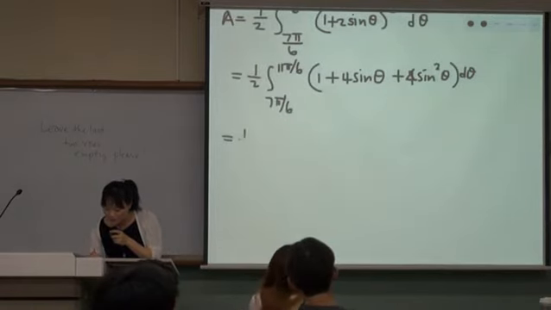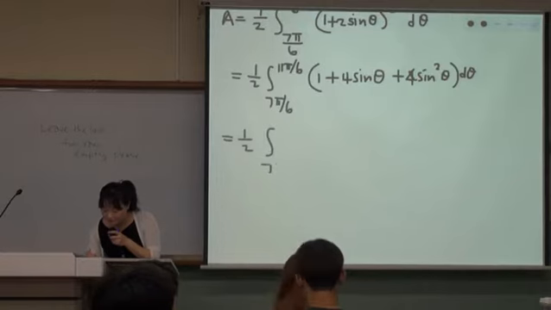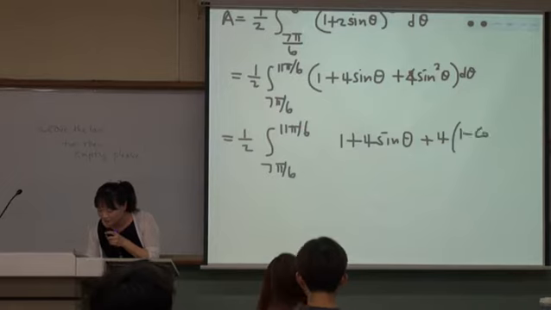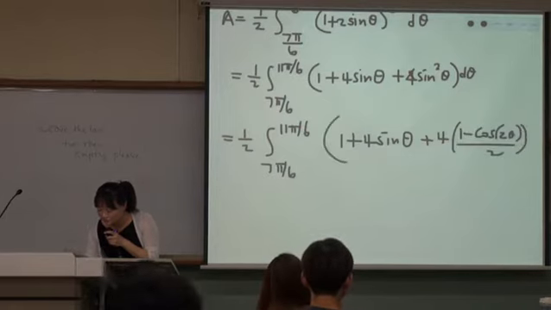So it is half, 7 pi over 6 to 11 pi over 6, 1 plus 4 sine theta plus 4 times (1 minus cosine 2 theta over 2) d theta.